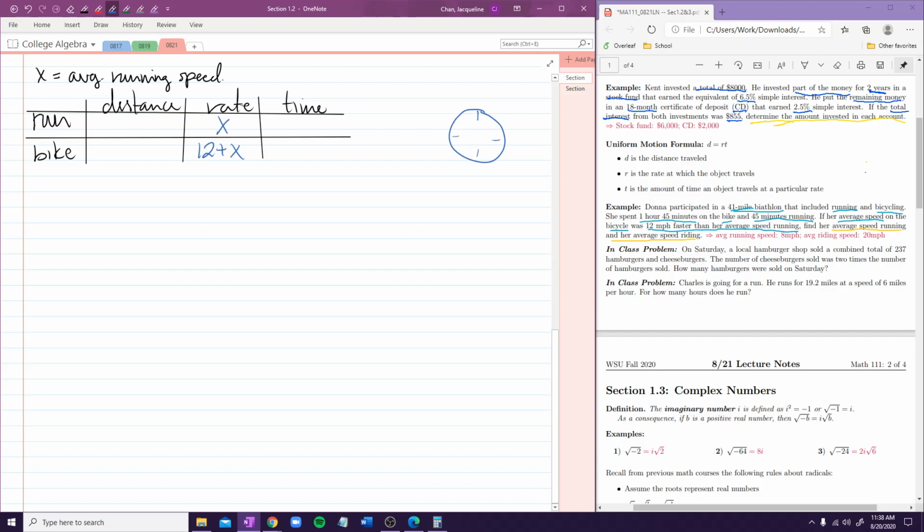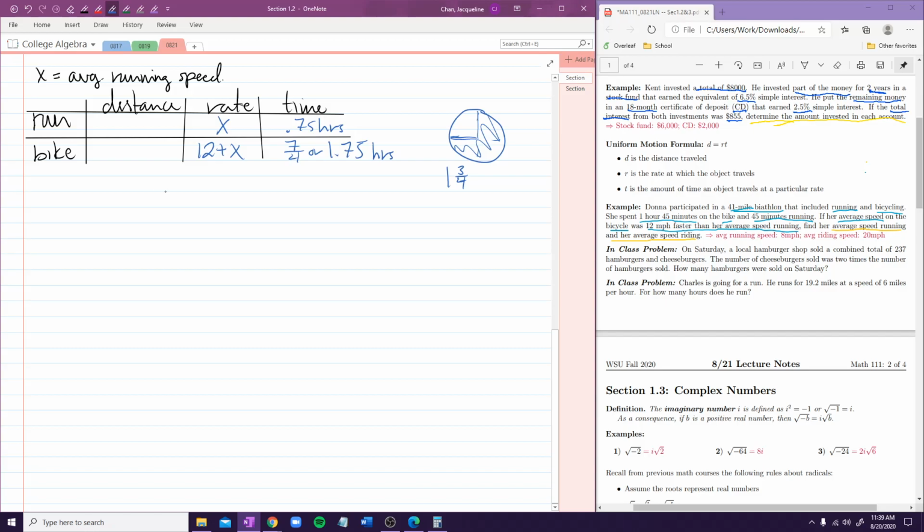So an hour and 45 minutes is 1 and 3/4. I don't like mixed fractions, so you can either say this is 7/4, or you can just put 1.75 hours. And then for 45 minutes running, I'm going to say 0.75 hours.